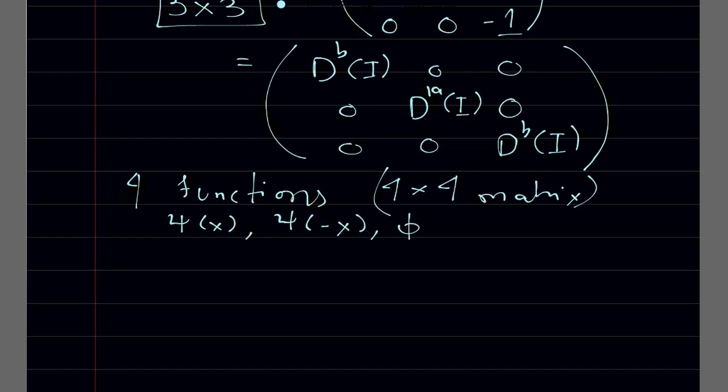Let me choose phi of x, and since phi of x is neither odd nor even, phi of -x has an independent existence. Okay, now if you have 4 functions like this, then you can easily form a 4 cross 4 representation, and it's going to look like this.